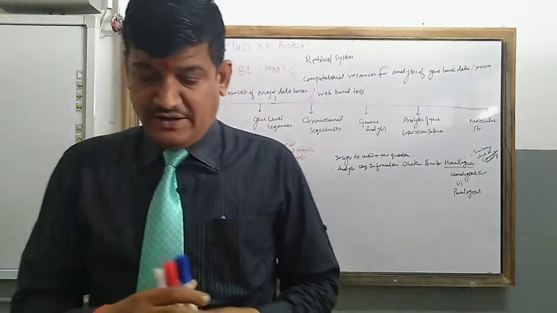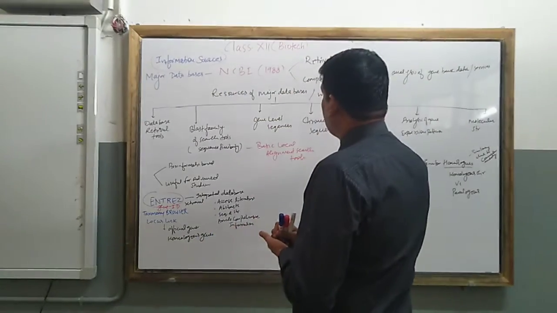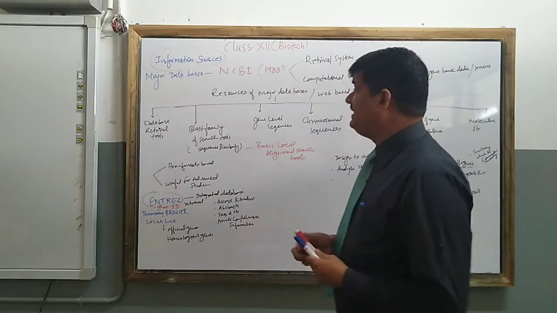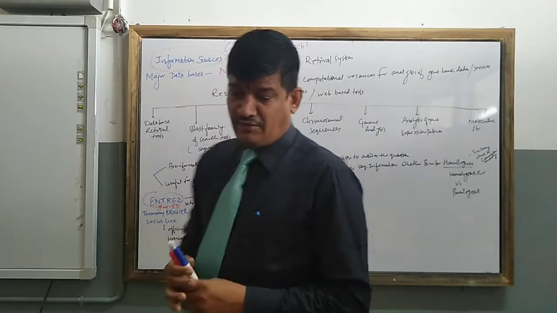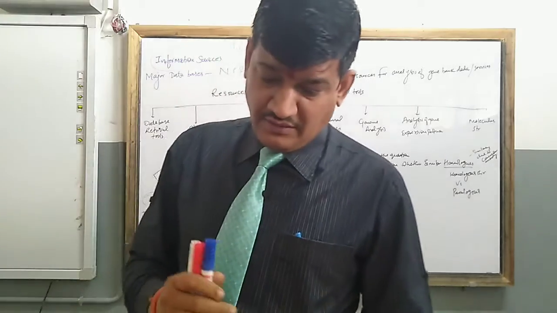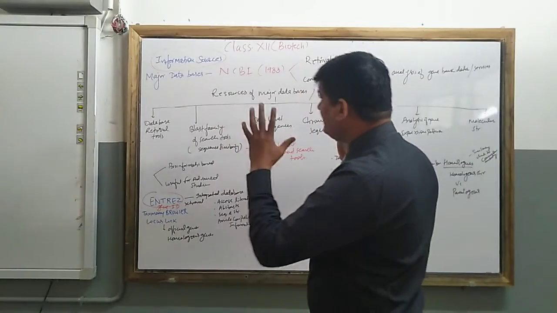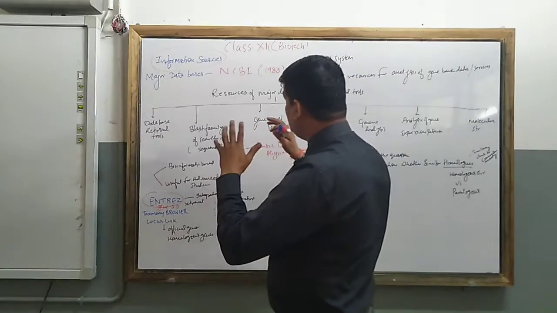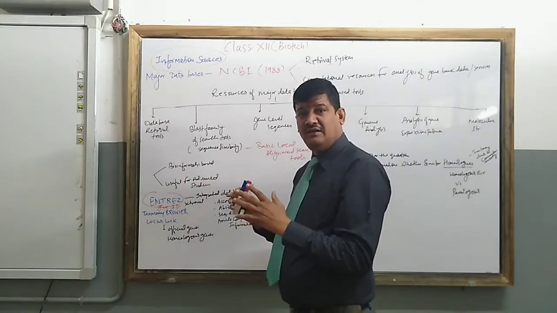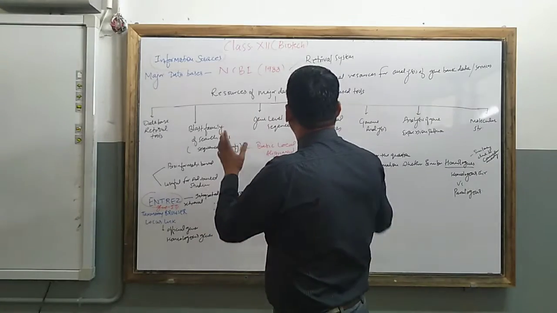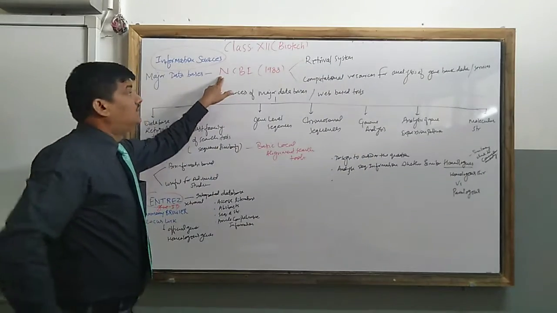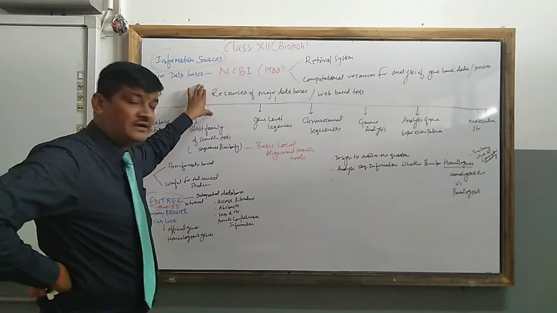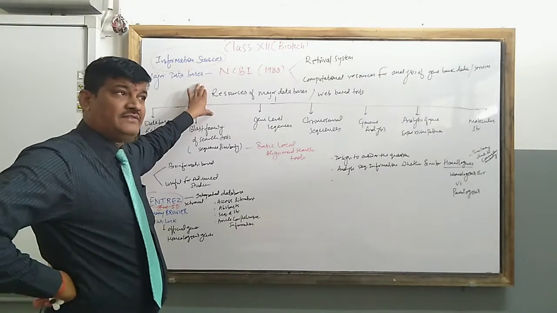It stands for National Center for Biotechnology Information. It was established in 1998, and the main motive of NCBI was to gather all the genetic resources so they can be computerized or converted into database analysis.